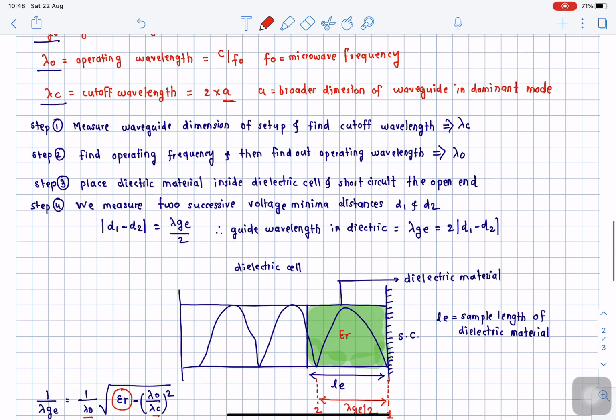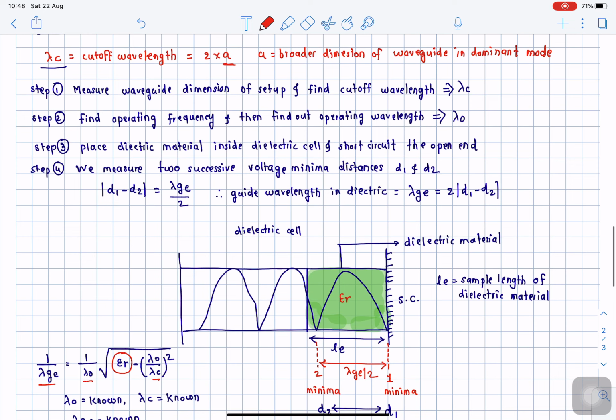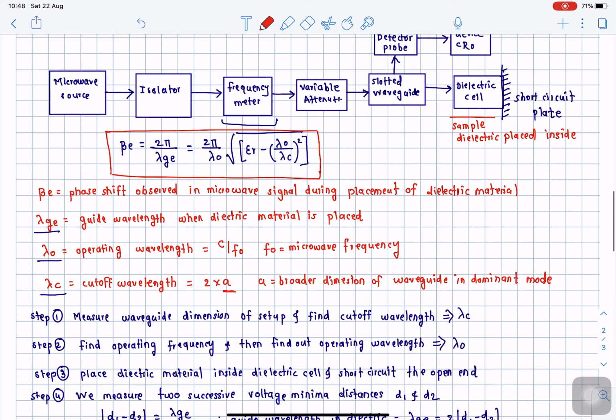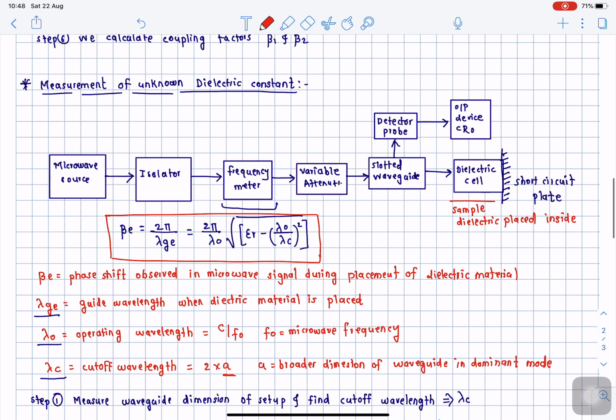This theory of dielectric constant measurement is applicable to solid dielectric material. If we have a liquid dielectric material, the container that we are going to make use of is different. So this procedure we saw is for measurement of solid dielectric material using a dielectric cell.